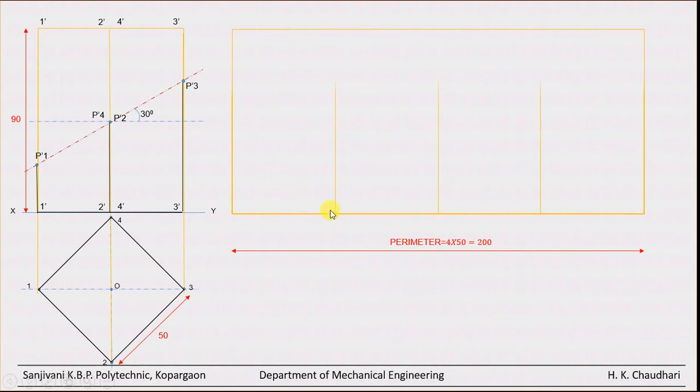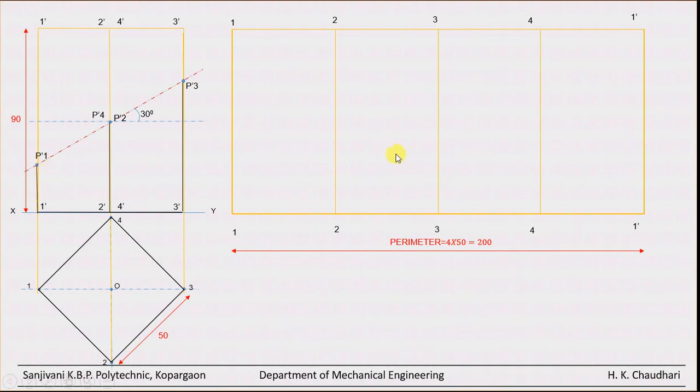Now each part has a length of 50 mm. Clear? Now you can give the names 1, 2, 3, 4 and this 1 dash. 1 dash is the overlapping edge with 1 and 1. Clear? So these two edges represent this edge.